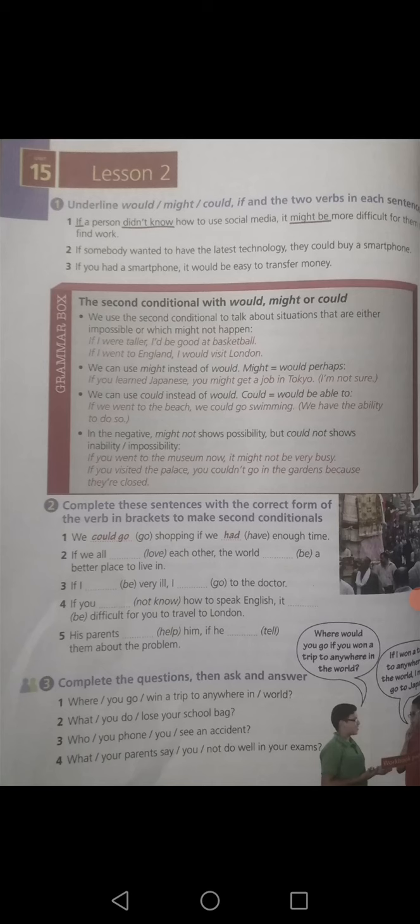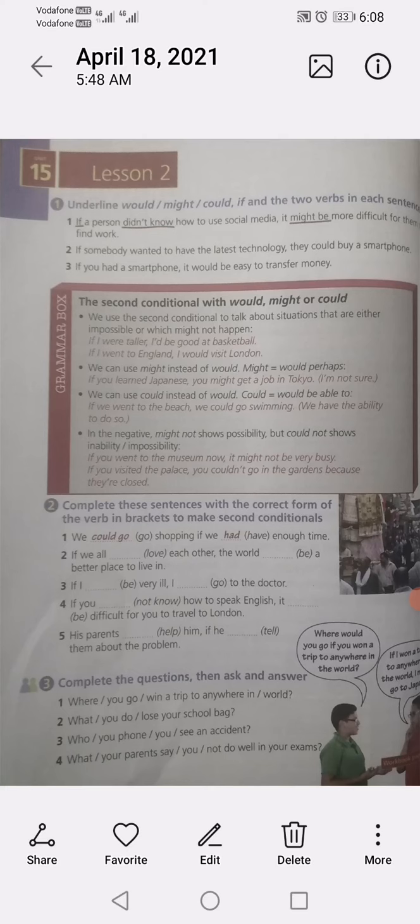Number 4. What might your parents say? What might your parents say if you didn't do well in your exams? What might your parents say if you didn't do well in your exams?